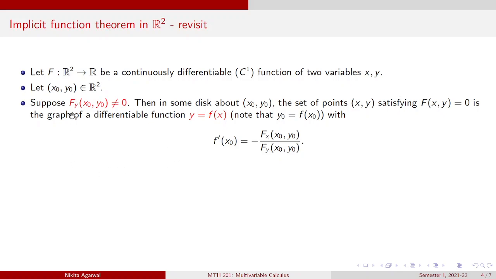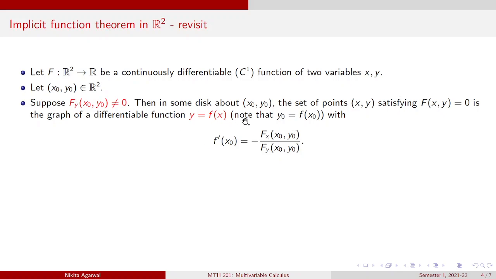If the partial of F with respect to y at this given point is non-zero, then about this point x naught, y naught, the set of points x, y which satisfy this equation is the graph of a differentiable function y equal to f(x), right?